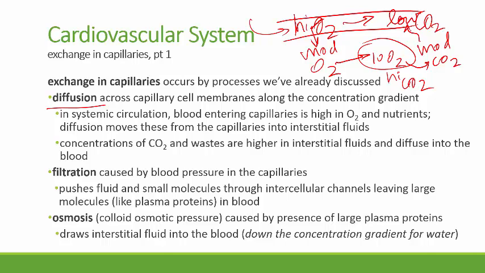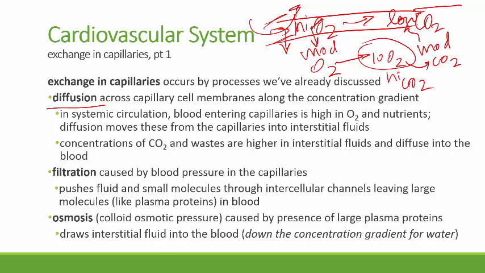Filtration can also occur. So here on the arterial side of a capillary network, blood pressure is going to push fluid out of the blood. So we'll see a lot of fluid being pushed out of the blood.